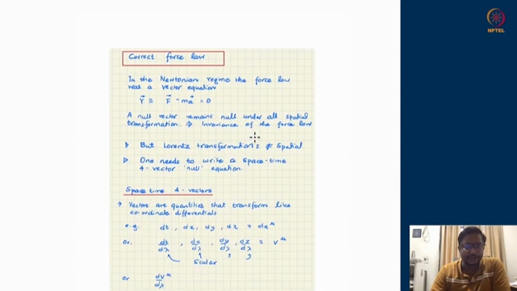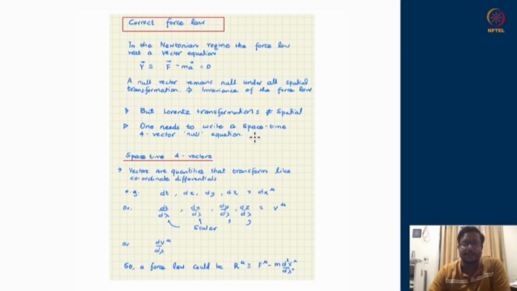So similarly, here we want to get the correct analog of Newton's second law, or a correct force law, as it were. So let us see why the acceleration as a response to application of a force was invariant under Galilean transformation, and let us see if some of the basic premise of that can be translated into Lorentz transformations or not.